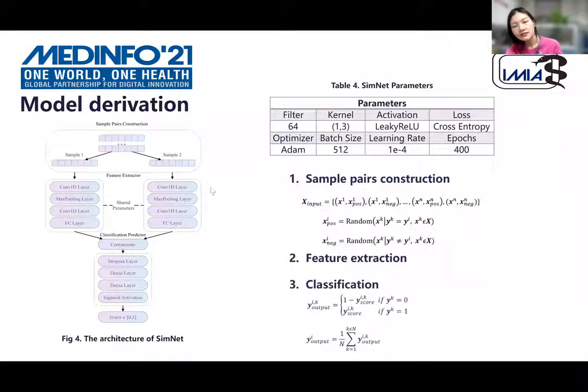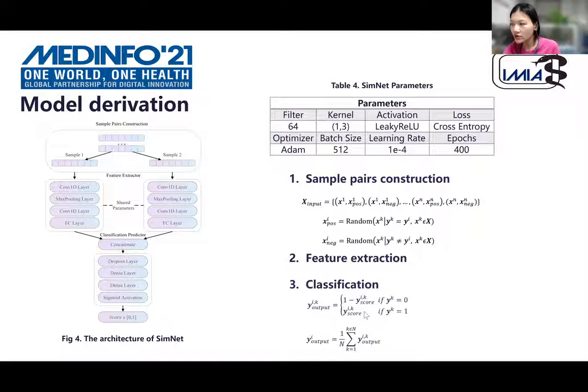In this study, the model was derived in 3 steps. The first is to construct the sample pairs. The SimNet accepts the feature vectors of 2 samples as input, and for each sample, we pair it with a positive sample and a negative sample to construct a sample pair and use it as the model input. The second step is to extract the features.